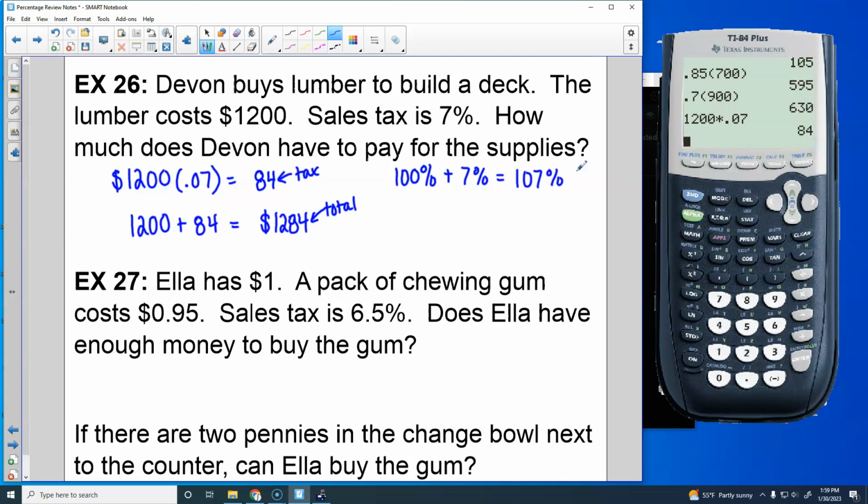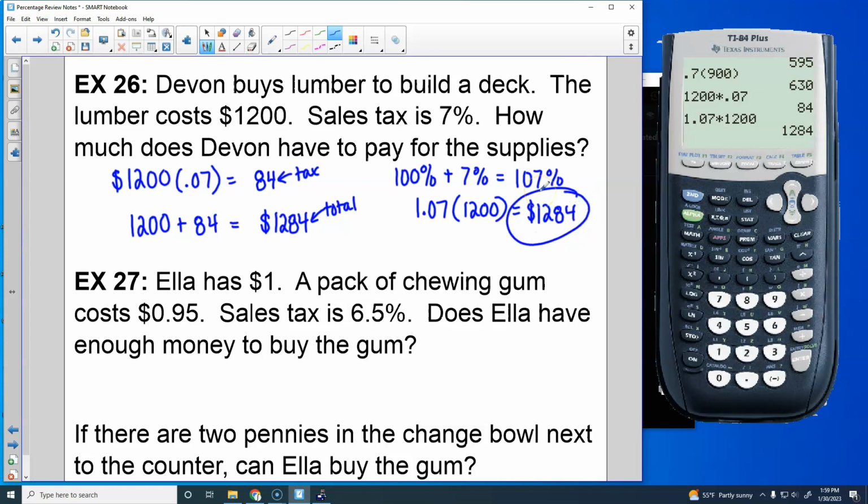All right, so if I change that to a decimal, what is 107? It's 1.07. So that's our decimal. If I multiply that by 1,200, I get 1,284. Right, same as we had before.